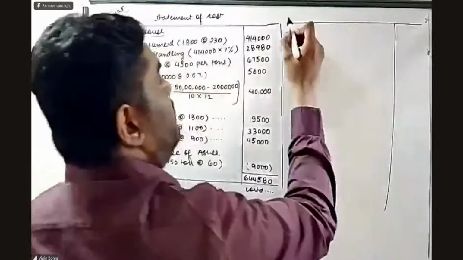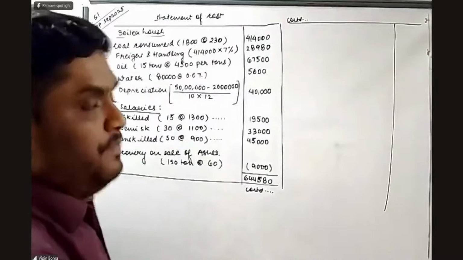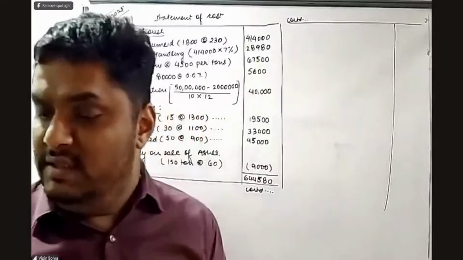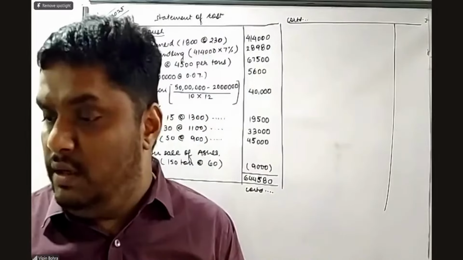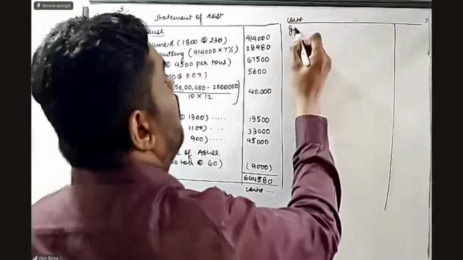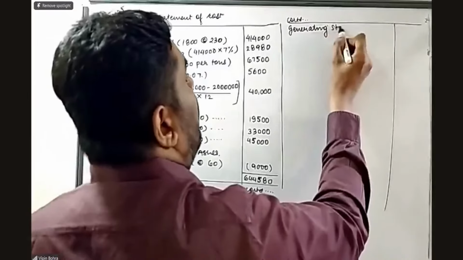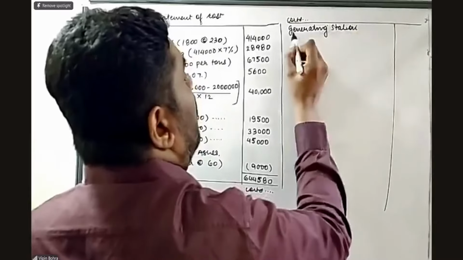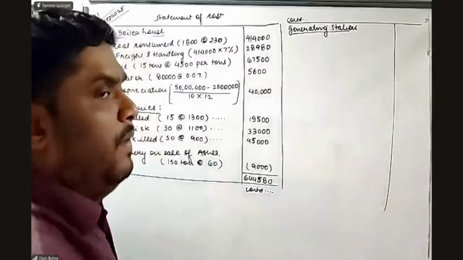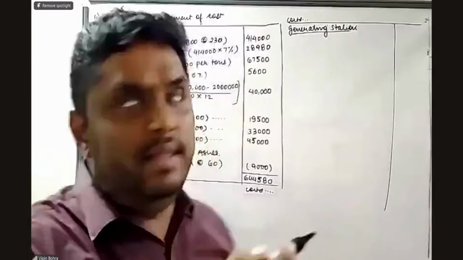We'll continue here with the remaining statement. So next is generating station. And the cost is given as salaries, skilled, semi-skilled, and unskilled.